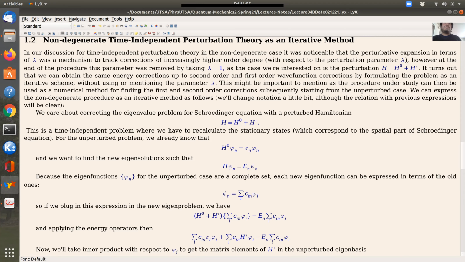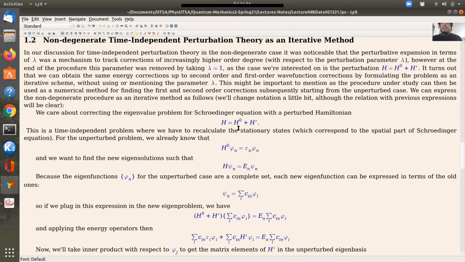If you are computationally oriented, that's quite interesting. And we don't even need to involve the parameter lambda. This might be interesting if you have an affinity with numerics and programming, and especially if you like algorithms or an algorithmic way of thinking. But in any case, let me present the details.